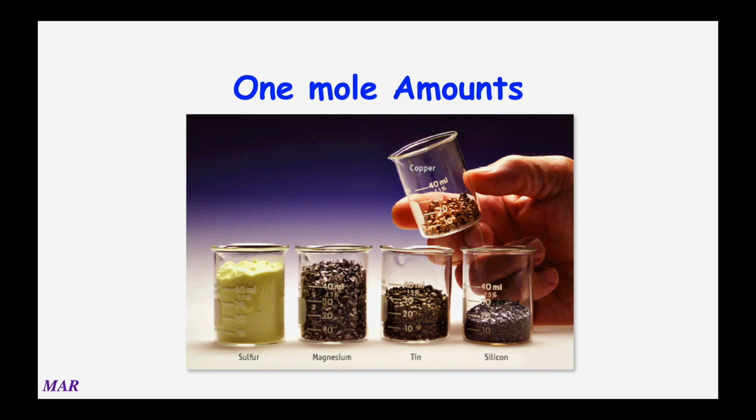Yours is probably better. So that's about 32.07 grams of sulfur. And there's magnesium, 24.3-ish grams, tin, etc. The densities of the elements are different. So that's why sulfur looks like it takes up the most volume, but all of them have different densities. Copper has a relatively high density, so it takes up less volume.